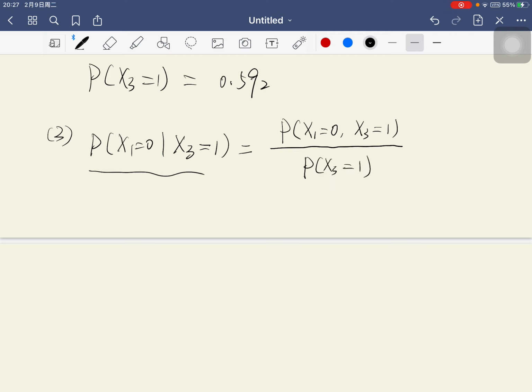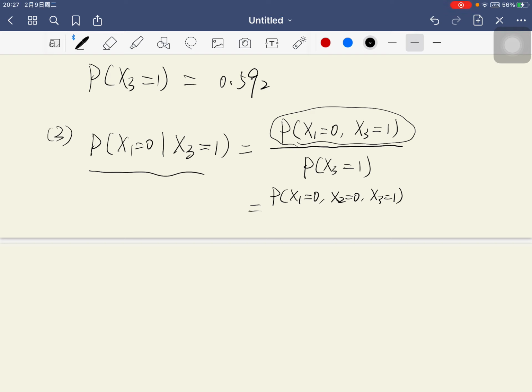We can split the numerator into two probabilities added together. It equals the probability of x1 equals 0, x2 equals 0, and x3 equals 1, because the x1 signal is transmitted to the x2 signal, and the x2 signal is transmitted to the x3 signal.